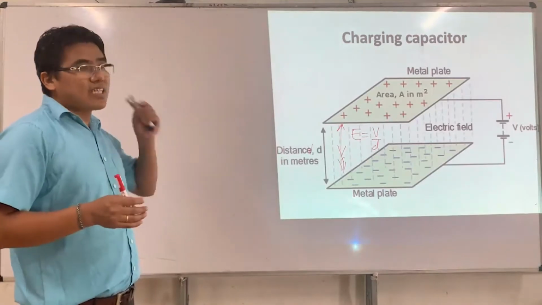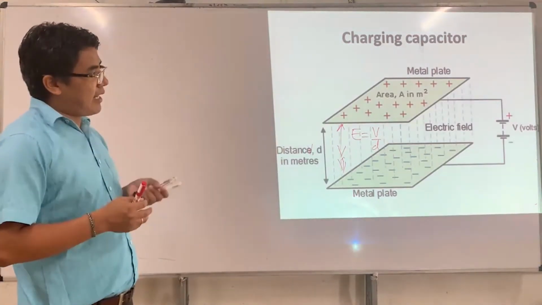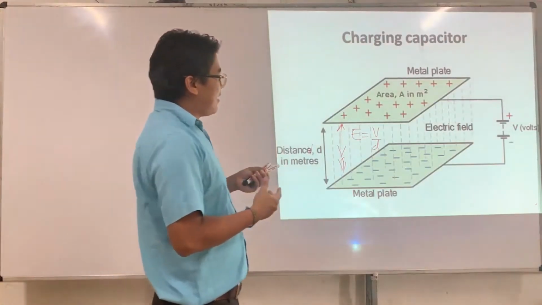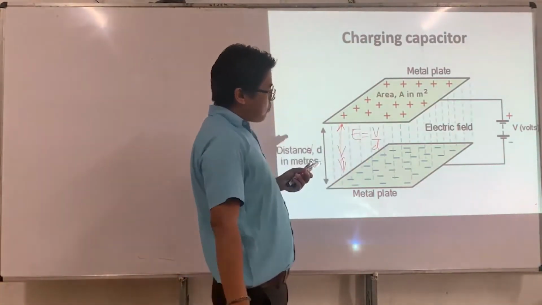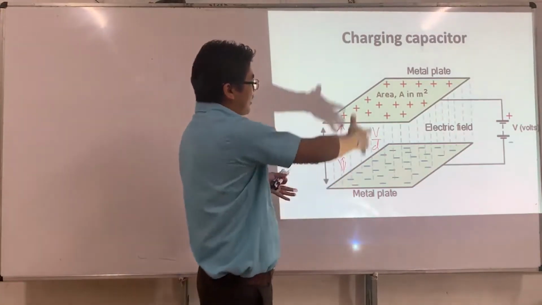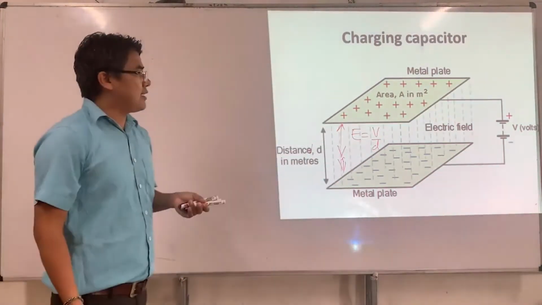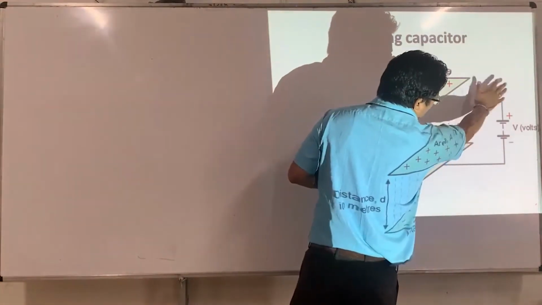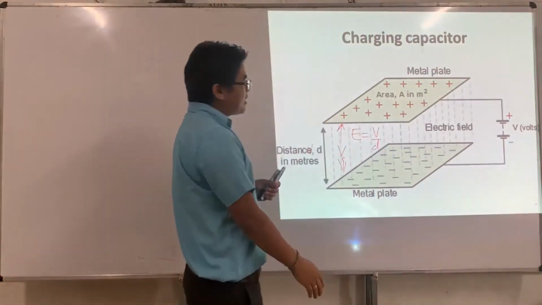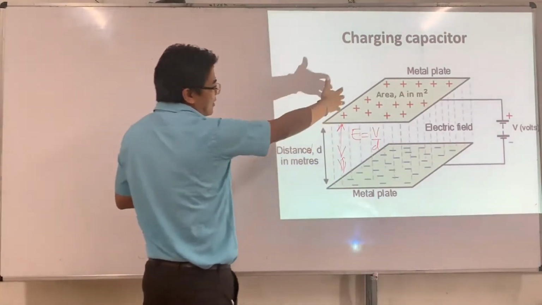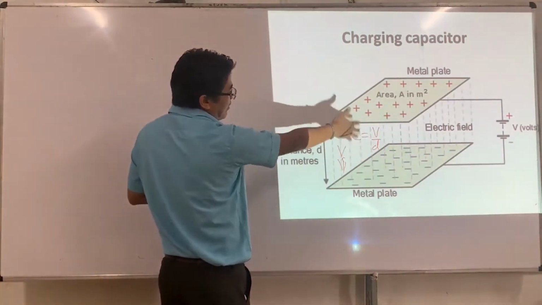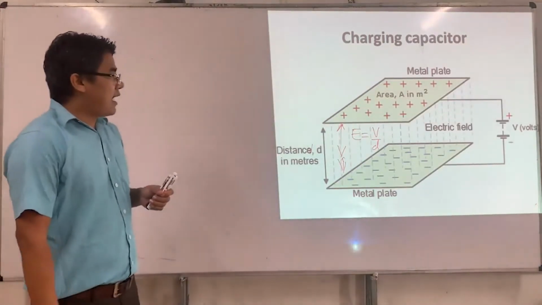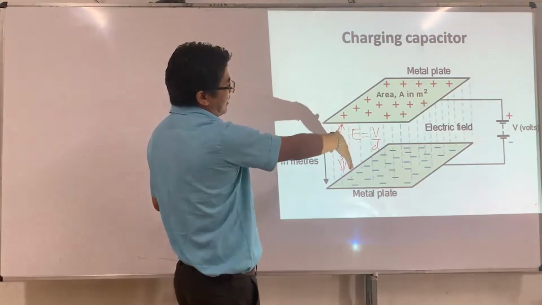If we don't charge the capacitor, then there won't be any electric field inside the capacitor. Unless you apply a potential difference, you don't get an electric field. Now if I remove this potential, the electric field still remains inside these two plates, and the potential difference is also maintained across them.